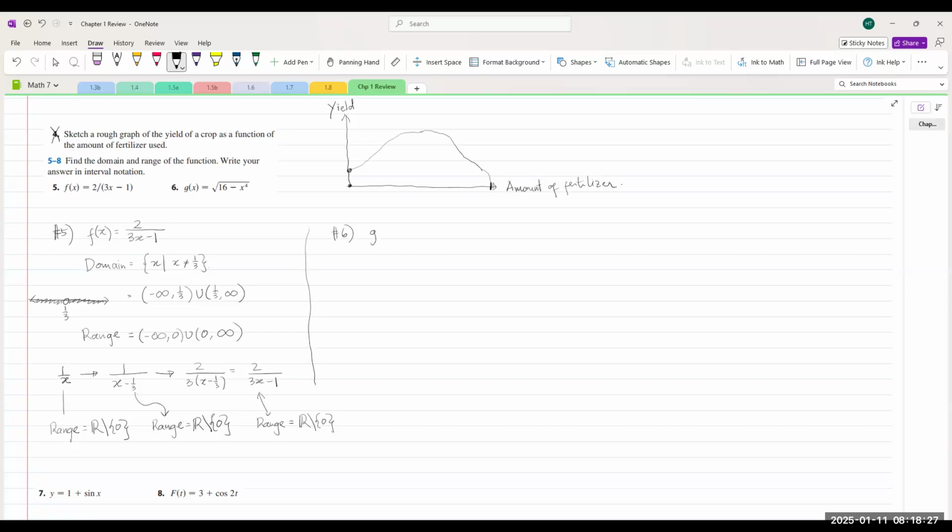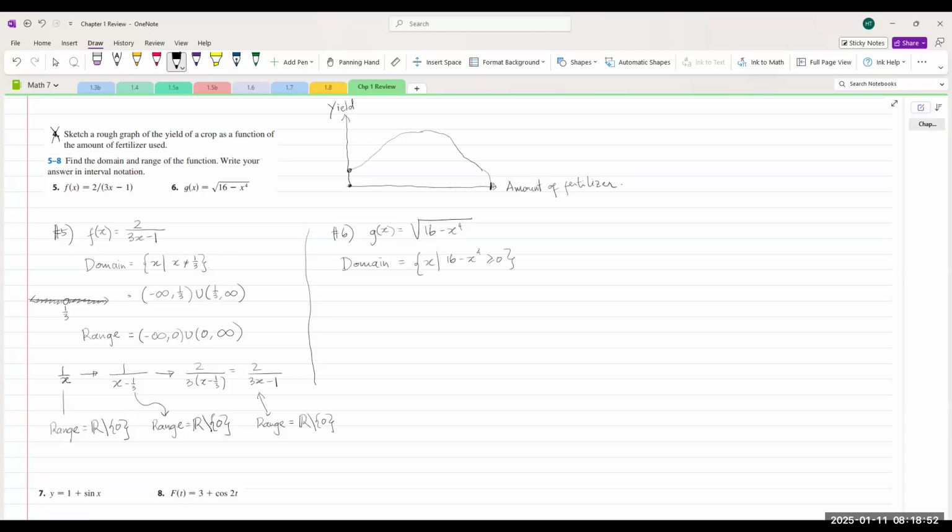We have a function g(x) equals the square root of 16 minus x to the 4th. What is the domain? Well, the domain is all the real numbers where the radicand, the expression inside the radical, has to be at least 0.